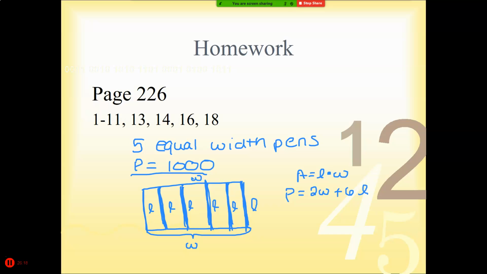So you need to take into account that perimeter would use material to make those inside pens. Does that make sense? So I know we didn't actually find a problem where we did that, but that is an example of one of the homework problems you're going to have to draw a diagram for. And I just wanted to elaborate on the fact that the perimeter would get changed because of those extra lengths on the pens.